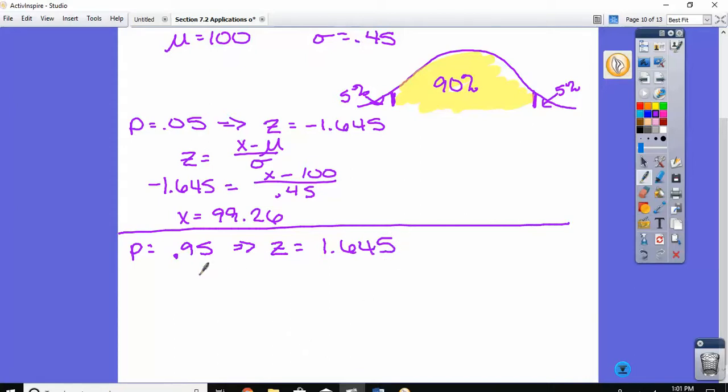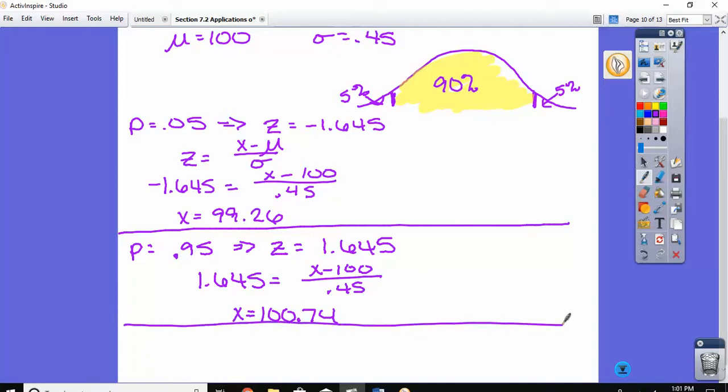So then we do our formula. Z equals x minus mu over sigma. I get 100.74. So the question was, what length of rods would make up 90%?